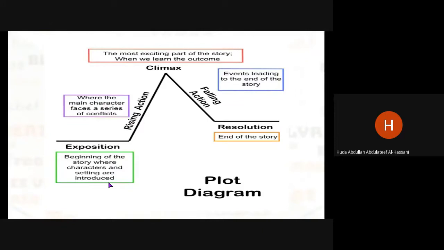Okay, so the main character faces a series of conflicts. My character in the film that I have just described confronts a crime scene. He confronts a criminal, but this criminal escaped. So now he is a witness. The police can take him in order to give his testimony.